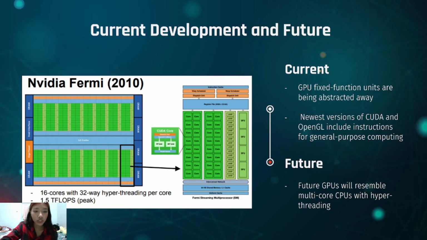The newest versions of CUDA and OpenGL have included instructions for general purpose computing. In the future, GPUs will resemble multi-core CPUs with hyper-threading. That means they will continue to be used for machine learning and AI just like today's GPUs, and they will be more versatile and efficient. That's all for me.